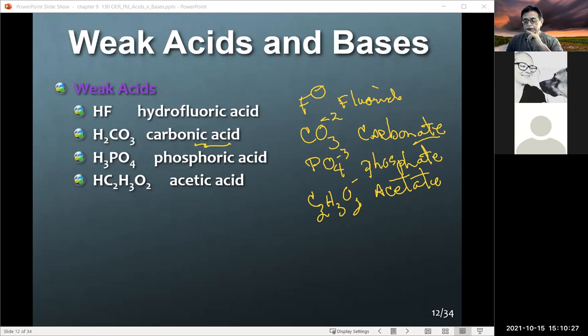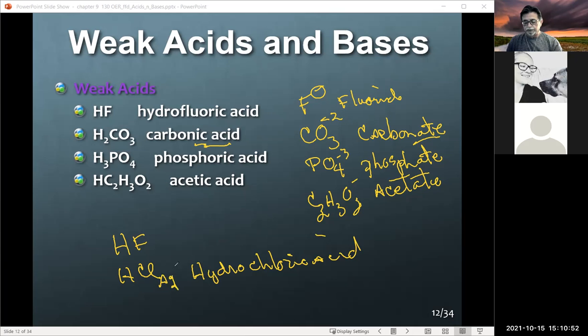Now, in your nomenclature exam, it doesn't distinguish, and be careful. All the halogens, like binary acids, like HF, HCl, if it is an aqueous solution, so this is hydrochloric acid, for example, if it is an aqueous solution.